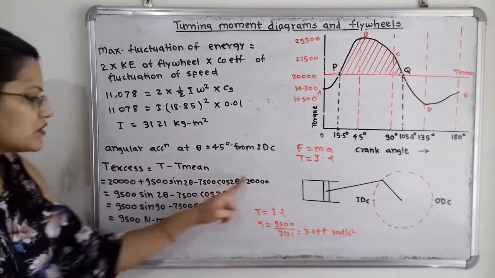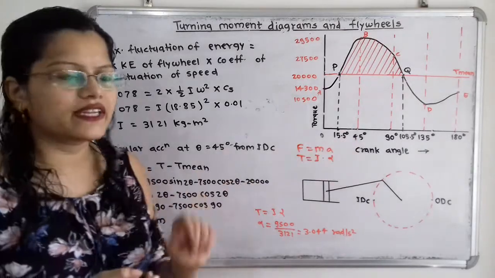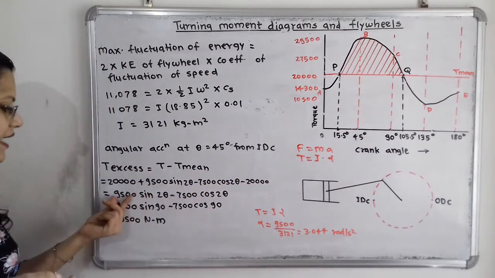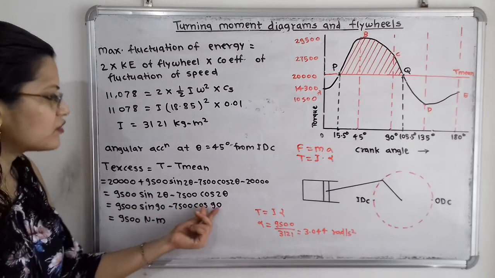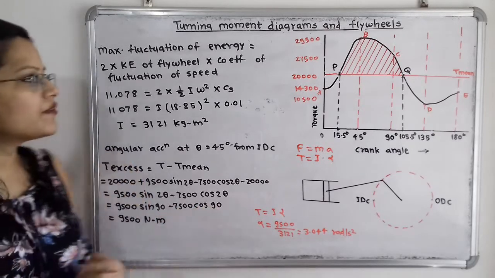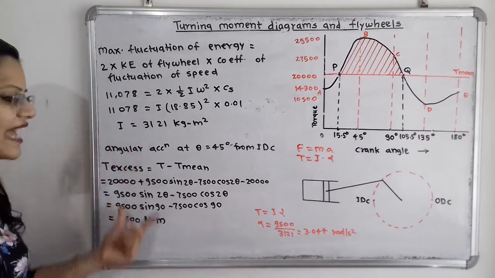So this 20,000 is getting cancelled, and we will put theta equal to 45 degree, and then we get 9,500 sin of 90 minus 7,500 cos of 90. So we will get 9,500 Newton meter. So this is the calculation part.